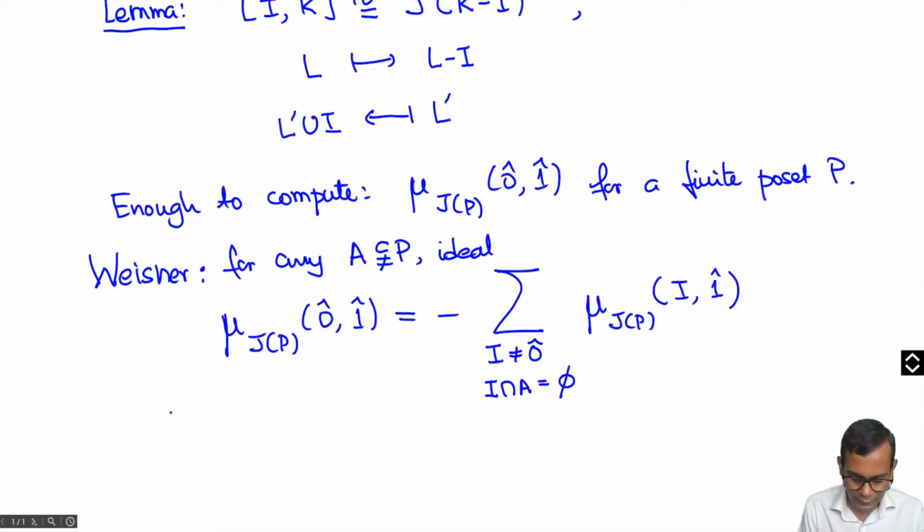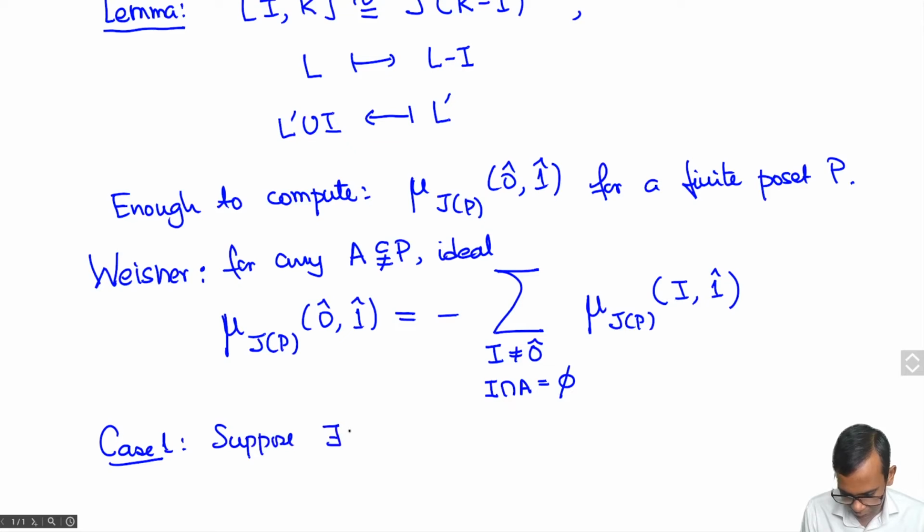What shall we take for A? So let's take the first case. Suppose there exists x strictly less than y in P. So this just means that P is not an antichain.